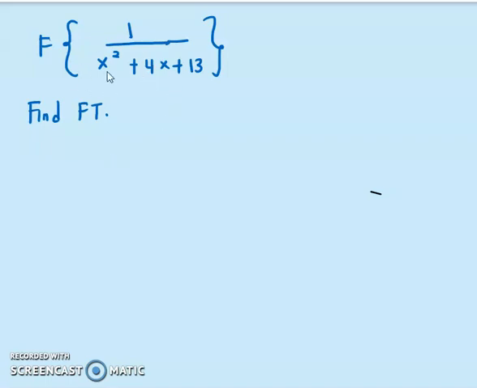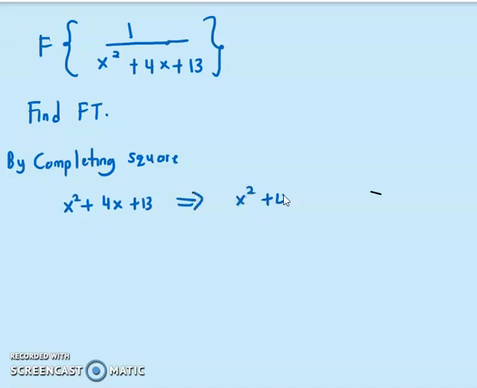Now we want to find the completing the square of x squared plus 4x plus 13. Now what do we have? We have x squared plus 4x plus 4 over 2 squared, plus 13 minus 4 over 2 squared.